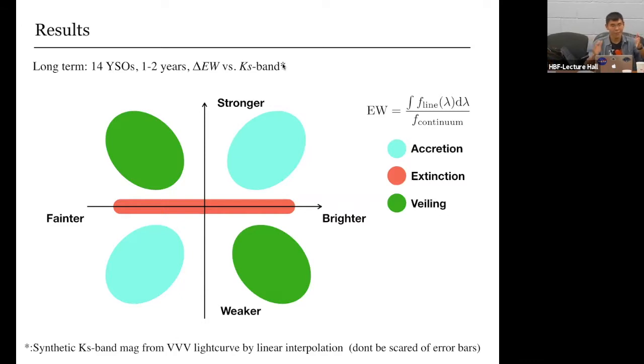So it might have a very big error bar, but that doesn't mean that the measurement has a big error bar. It just means that the star is varying very fast on a time scale of several days, so we can't actually constrain the K-band magnitude of those stars.